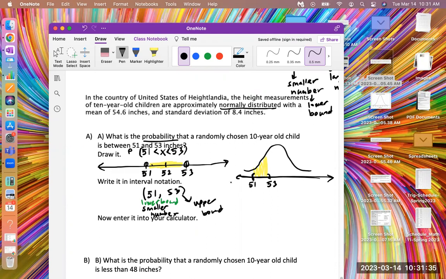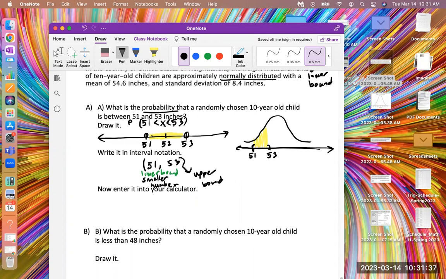All right. How we would enter this into our calculator to find our final answer: we have to tell it it's a normal distribution. So we do normal CDF. And we have to tell it what the mean is.